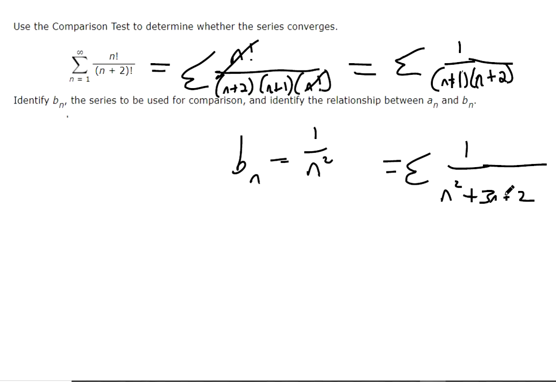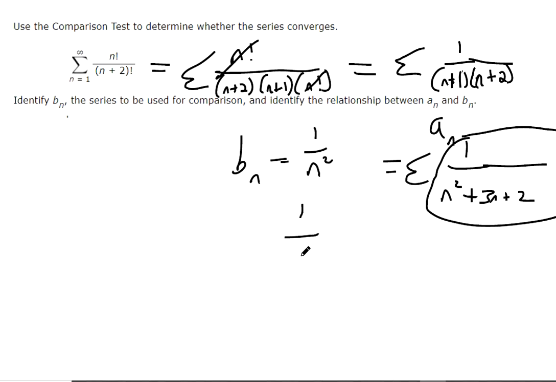Right, so the denominator is always going to be bigger in this sequence that we're summing than in this one. This sequence always has a bigger denominator. That means our a sub n, the sequence we're going to evaluate a series for, always has a bigger denominator. That means a sub n is always going to be smaller, right?